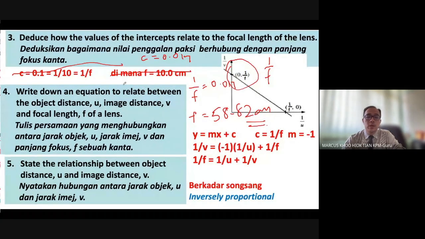Now, of course, the question is, in the experiment that we did, the value of the focal length is actually 40 cm. That's the value of the focal length that we used in the experiment. But in my calculation over here, I got the value of 58.82.